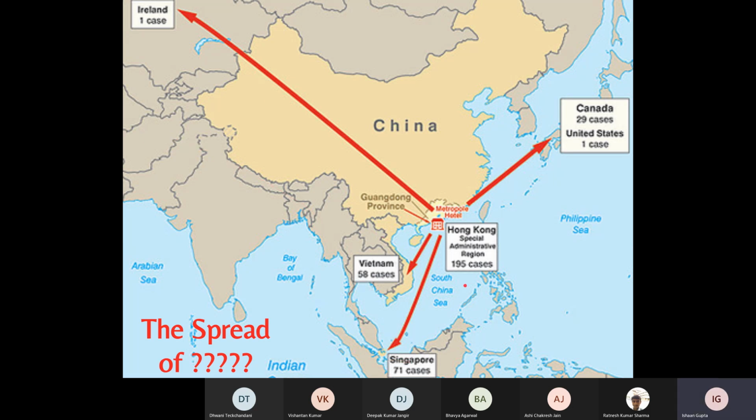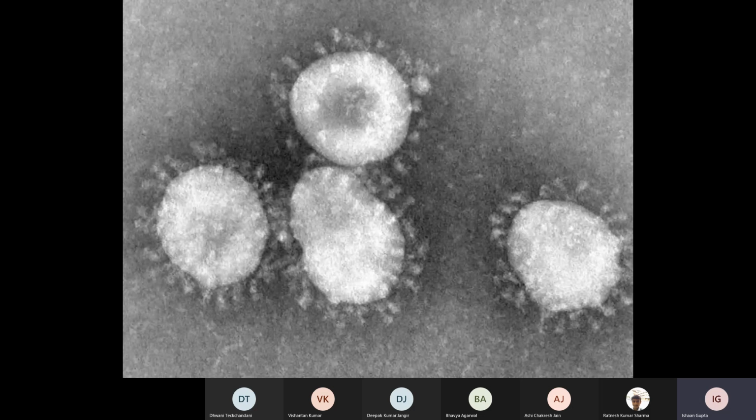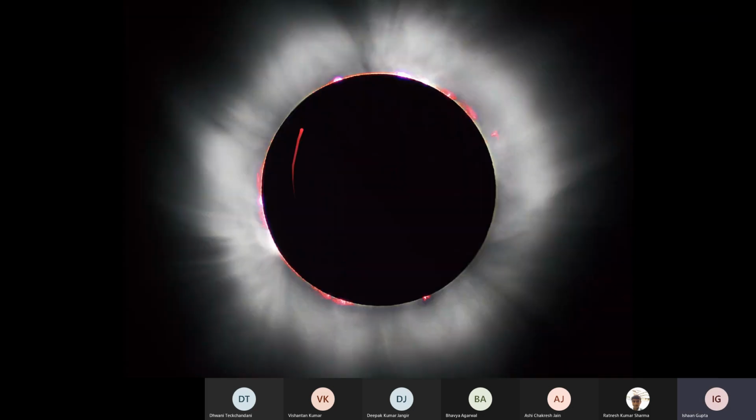This was the basis for a lot of movies. It was caused by a virus which we call the coronavirus, because it has a corona-like shape, similar to what happens when you have a solar eclipse and the sun forms this corona.